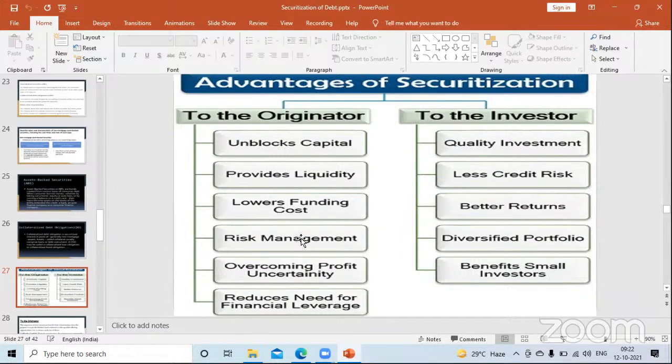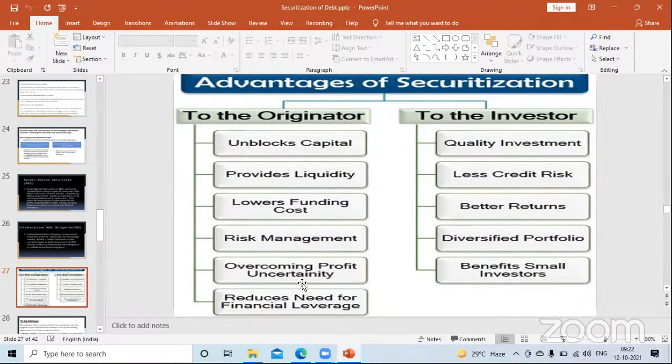There is one more factor which makes it very easy to manage the risk, because these are converted into securities, they are not blocked. If they are converted into securities, they can be traded in the market. Investors will purchase the securities, so again we will receive cash and the capital will not be blocked. This is how risk can be managed.